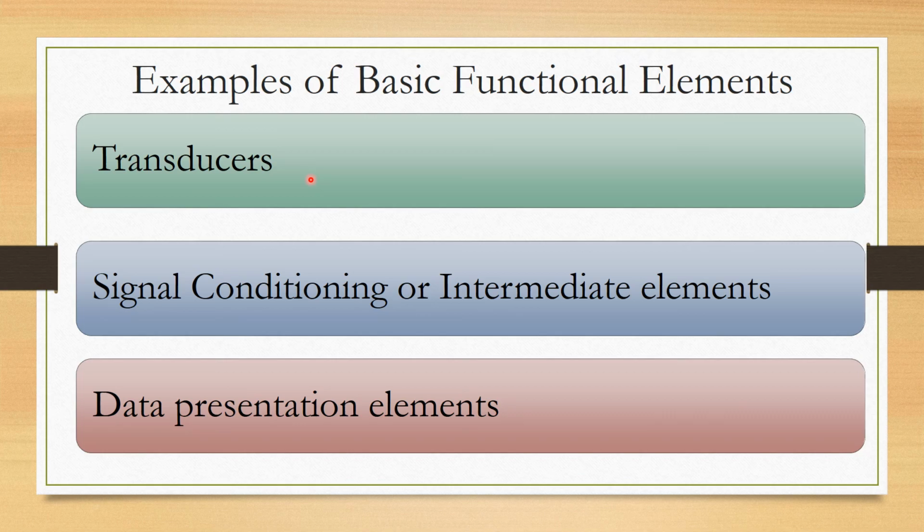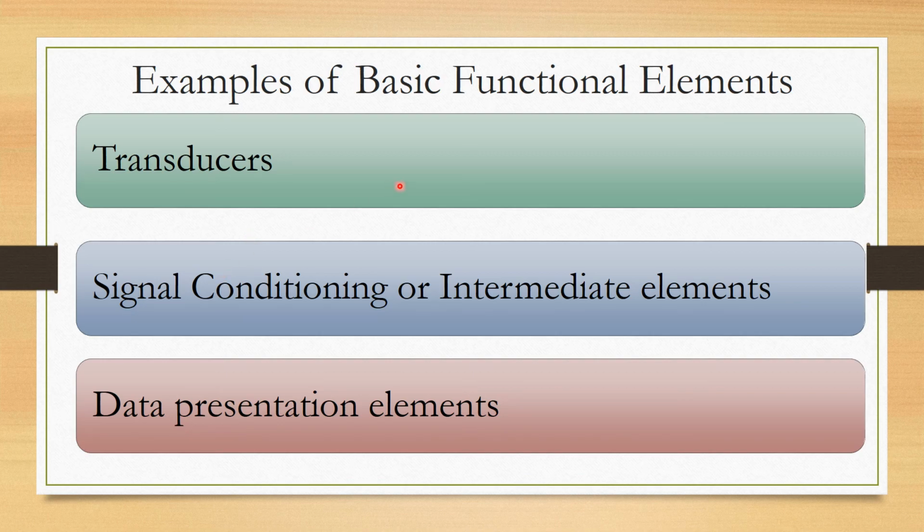Your thermometer senses temperature, which is one physical quantity, and it converts the change in temperature into the change in length. Similarly, a thermocouple senses the change in temperature and converts it into a potential difference. So this is how a transducer element works.